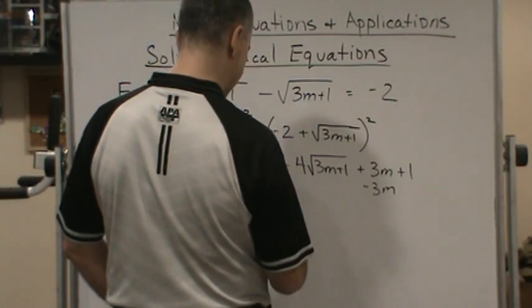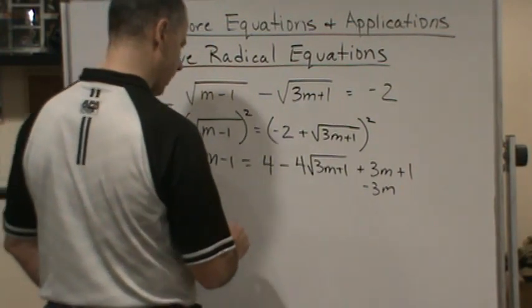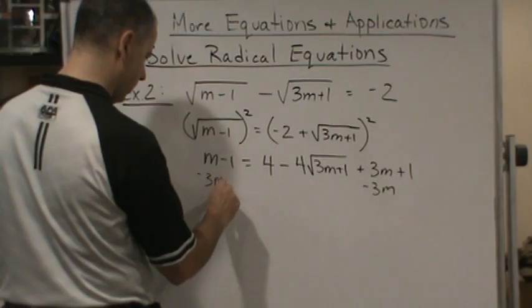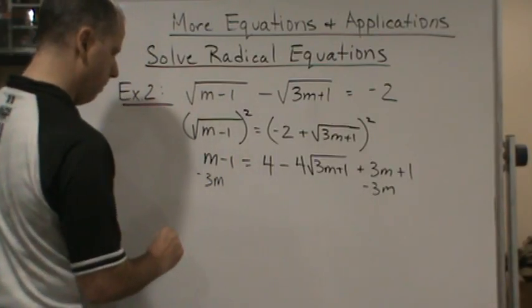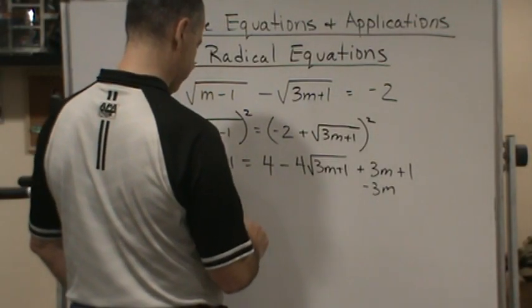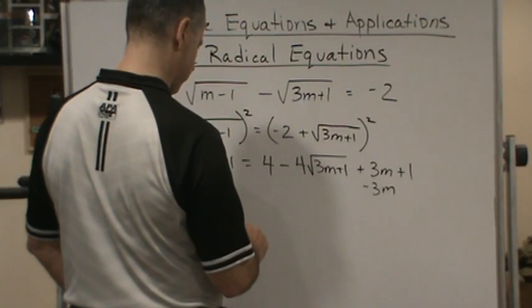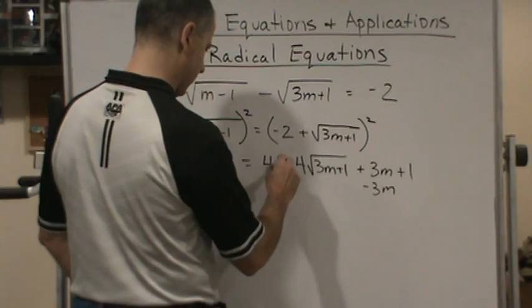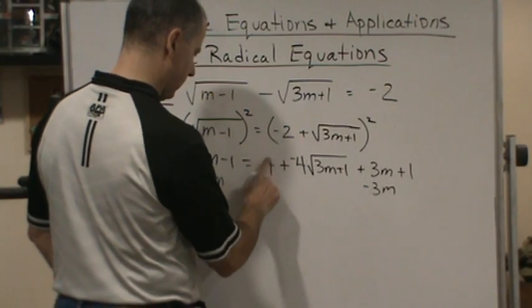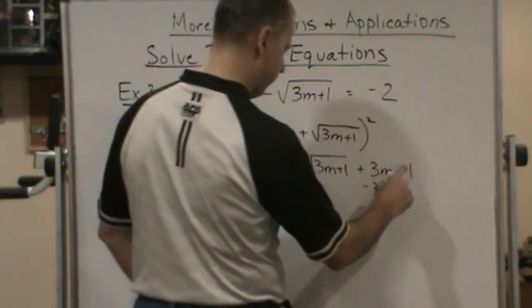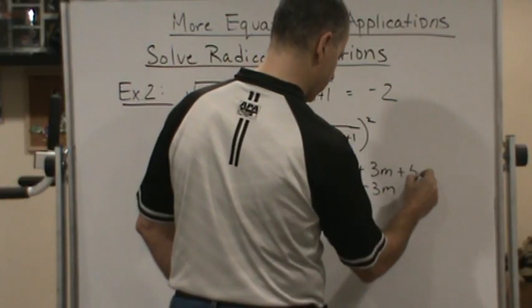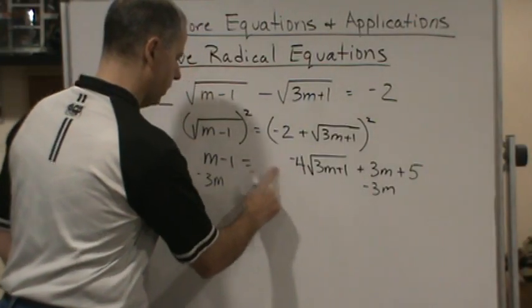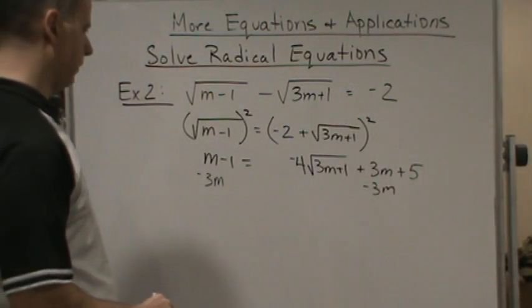That's going to give us 5, right? Let's make this a plus negative. And I'm just going to add the 4 and the 1 together to give 5. Okay?